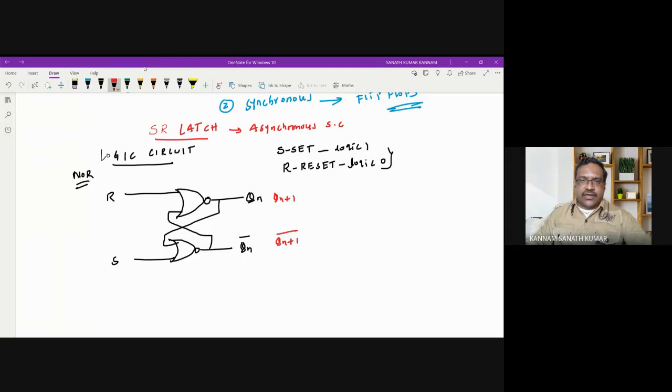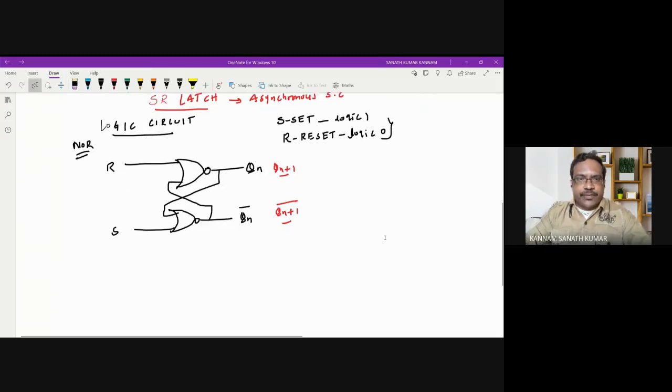Not like that. Qn is the present state and the complement of the present state Qn is Qn bar. The next state is Qn plus 1 and Qn plus 1 bar. The present state is nothing but the past outputs.